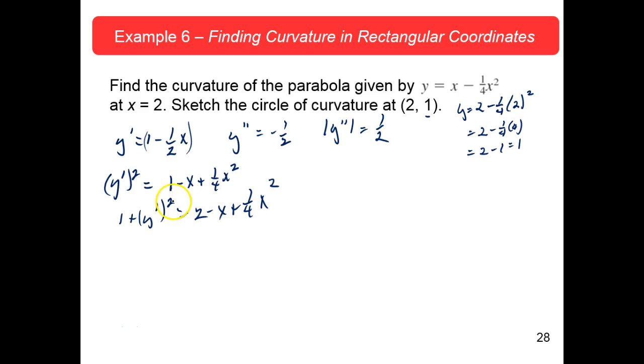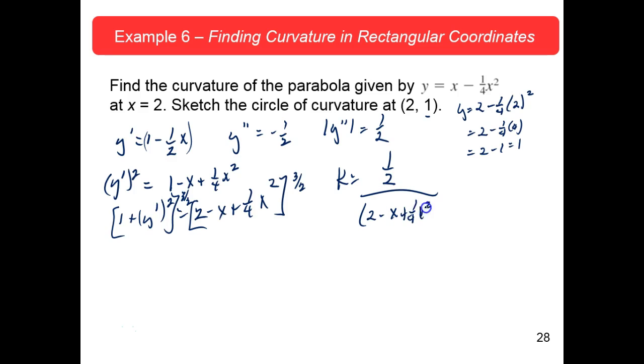And then this thing, we're going to raise to the 3/2 power. So now your kappa is the magnitude of y double prime, 1/2, over 2 minus x plus 1/4 x squared to the 3/2 power.